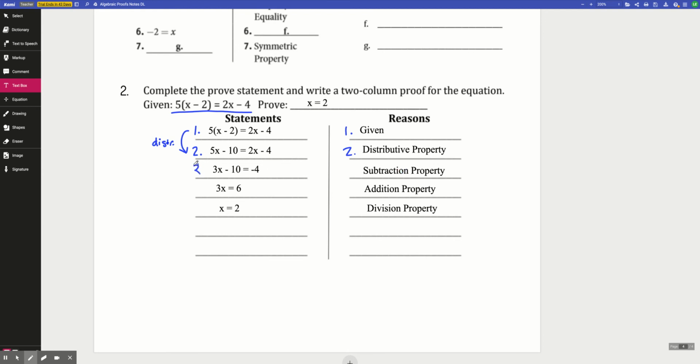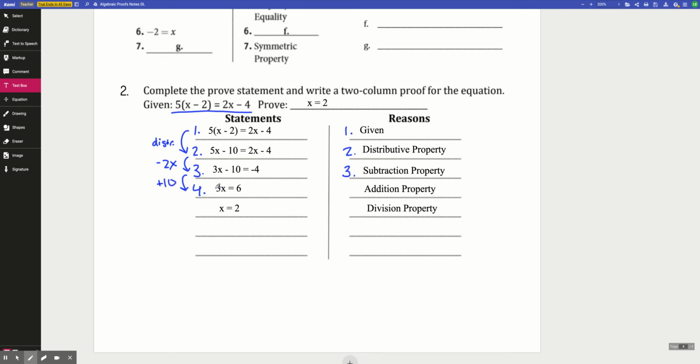Then to get to statement 3, what changed? How did I arrive there? I subtracted 2x from both sides, minus 2x. Since I subtracted the same thing on both sides to get to my new step, that's the subtraction property. For step 4, in order to go from step 3 to step 4, I added 10 to both sides.